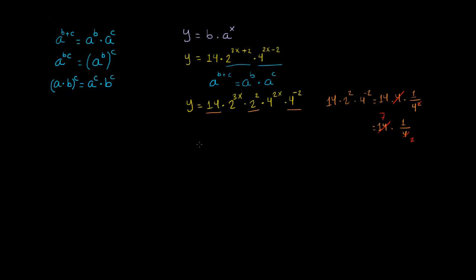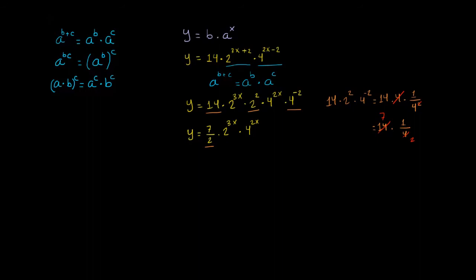Then I will get to this super nice and short version: y equal to 7 over 2 times 2 raised to the 3 times x times 4 to the 2 times x. Now I join up this 14, this 2 squared, and this 4 to the negative 2, and I go to this 7 halves over here.